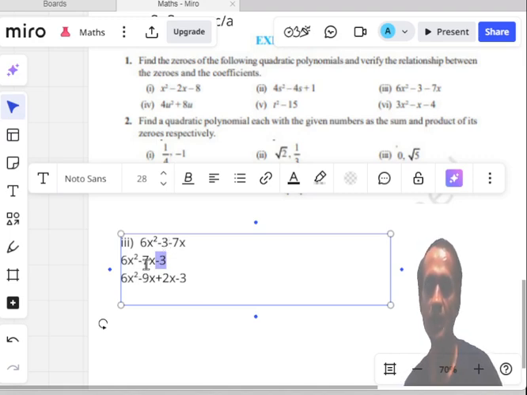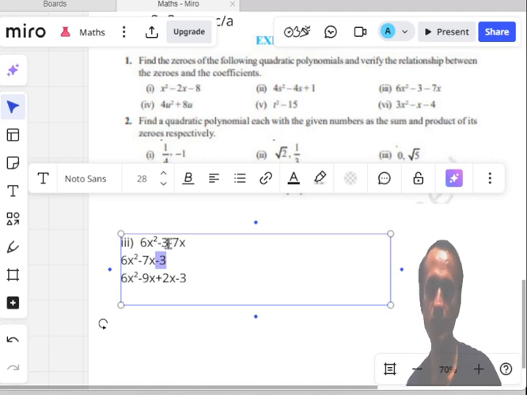If I write 7x as minus 5x and minus 2x, then their product will be positive, and both zeros will be negative.